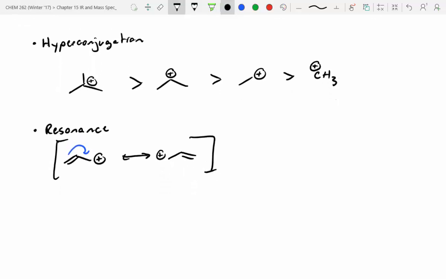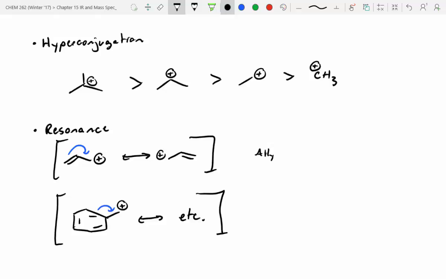And then the last one I said is benzylic fragments are pretty common as well, because these benzylic fragments again have a ton of different resonance structures where you can delocalize that carbocation around the ring. There are a lot of other resonance stabilized fragments that you will see as well, but I want to show you guys some of them using the mechanisms.